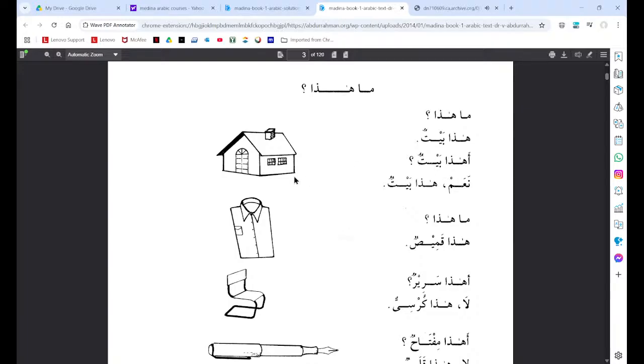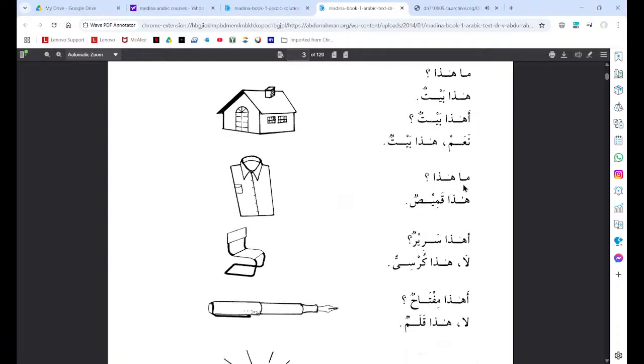Is this a house? We're going to say نعم. Yes. Just like they said here. نعم. هذا بيت. Alhamdulillah, they show you how to answer this question. Is this a house? نعم. هذا بيت. Yes, this is a house.